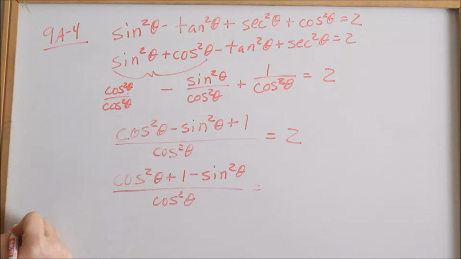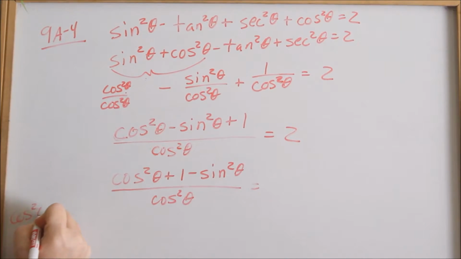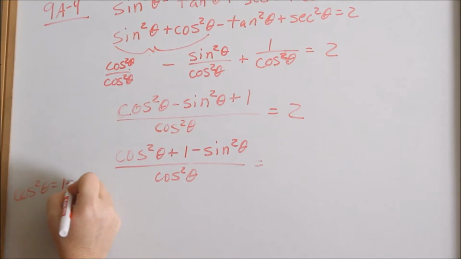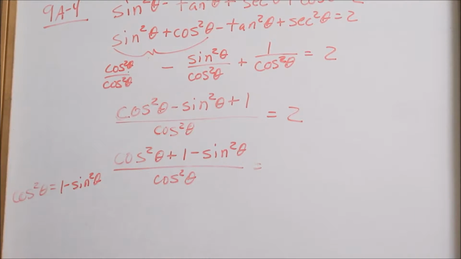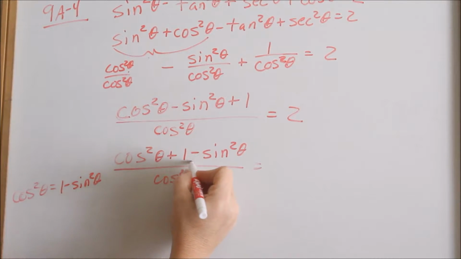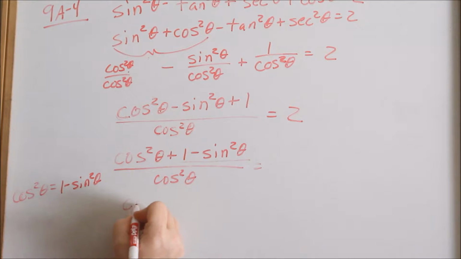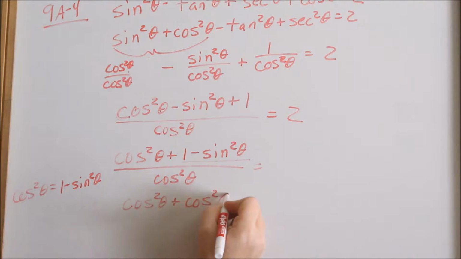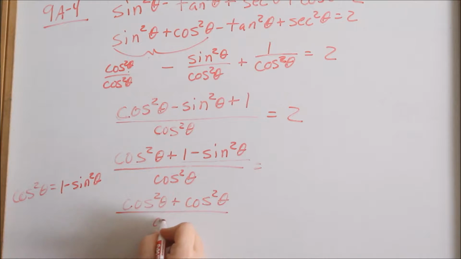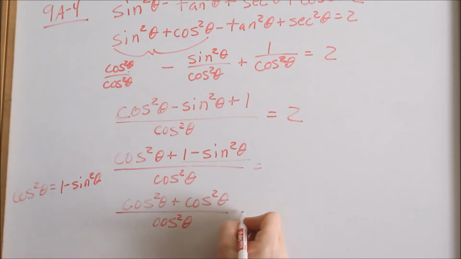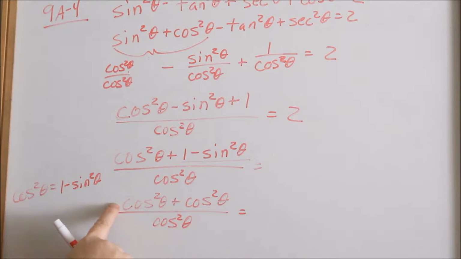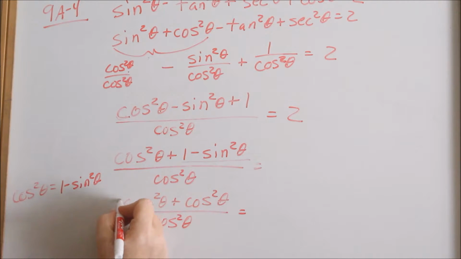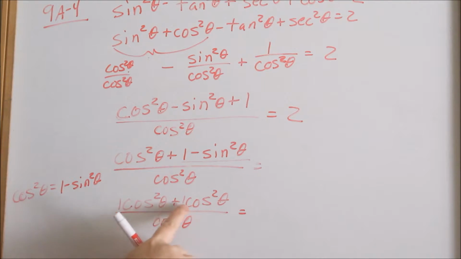I'm writing right off to the side. I don't know if you can see that. Cosine squared is the same as 1 minus sine squared theta, so I'm replacing this whole thing right there with cosine squared. Then I'll have cosine squared theta plus cosine squared theta, all over cosine squared theta. 1 of these plus 1 of these, this is like a coefficient of 1 in front, is 2 of these.